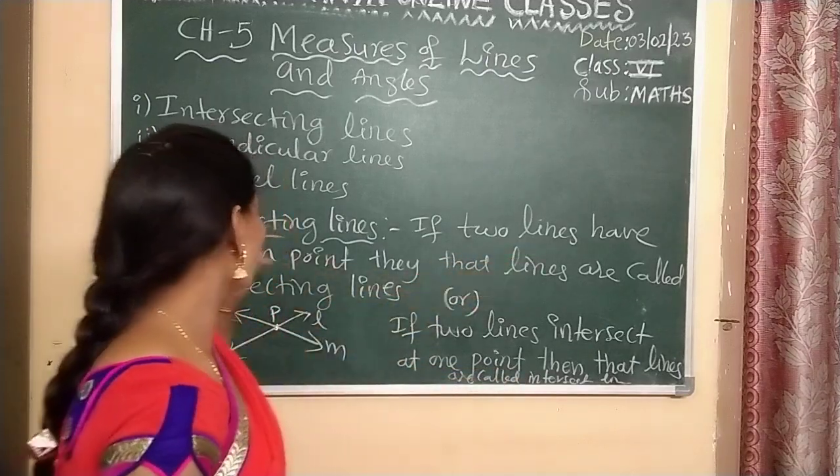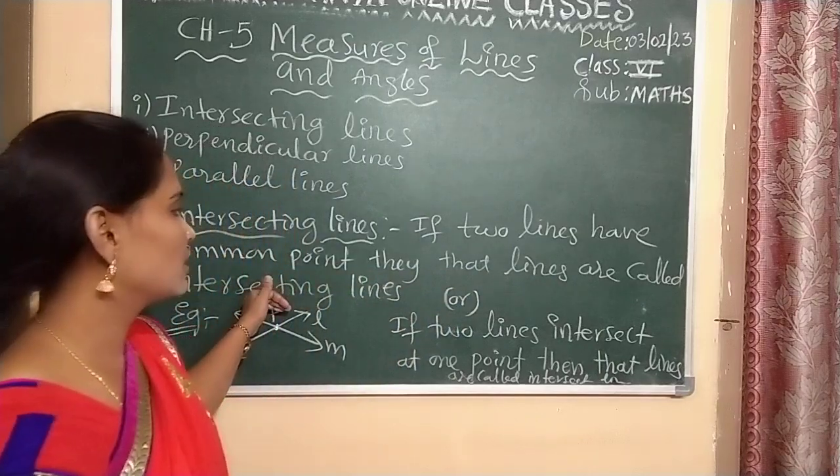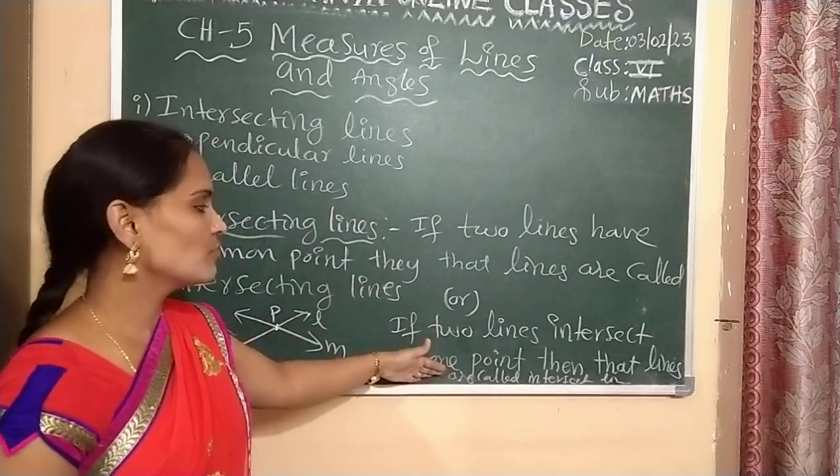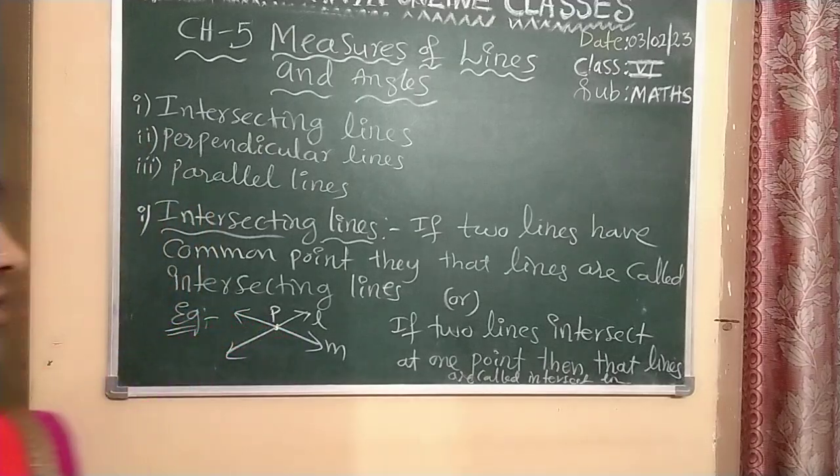If two lines have a common point, then those lines are called intersecting lines. In this way or that way we can define intersecting lines. Take a screenshot or write it in your notebook.